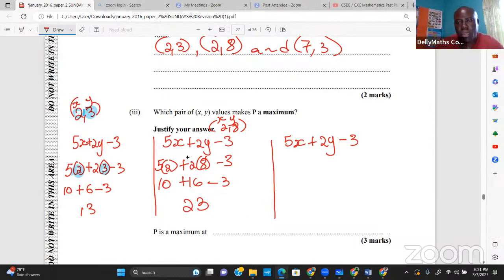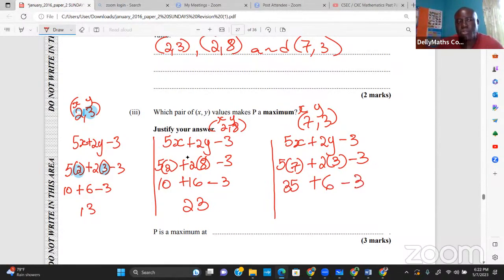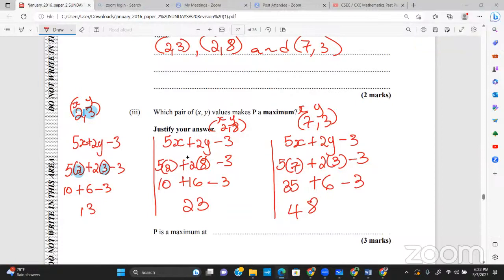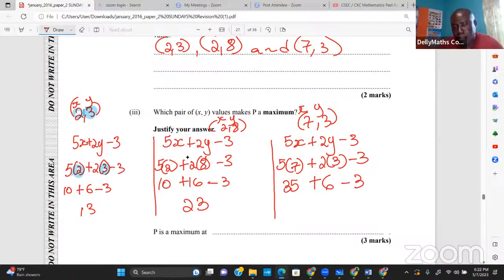Next, we're looking at (7, 3). 5 times 7 plus 2 times 3 minus 3: 35 plus 6 is 41, minus 3, that's 38.